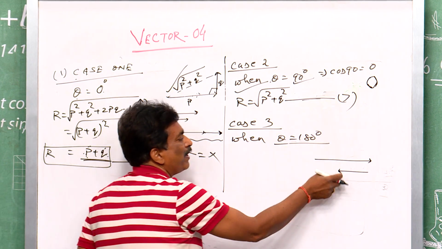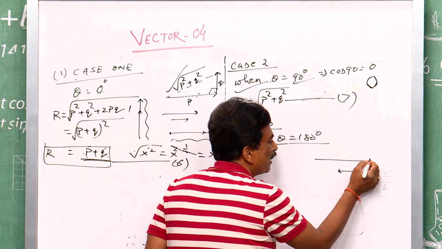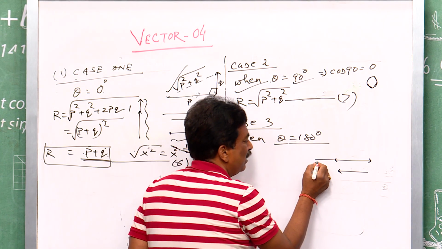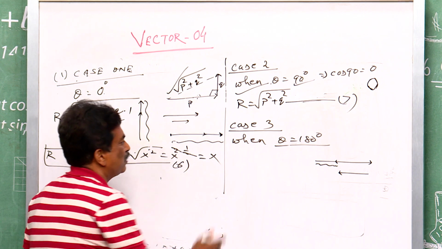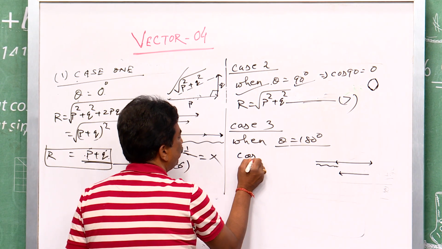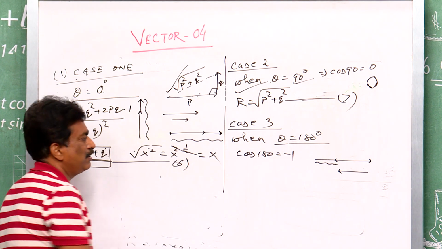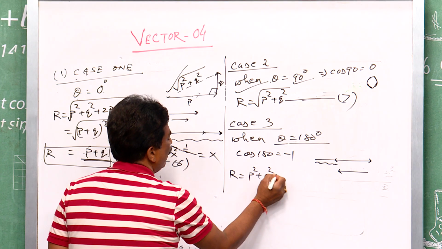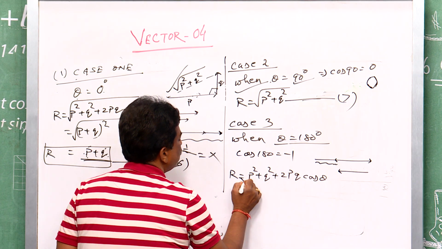So, when these two are added geometrically, this vector is put over this one. So, this vector will be put over this one, it will come up to this side. So, from this to this is the vector addition. So, you see for 180, cos 180 is equal to minus 1, you know. Therefore, r is equal to the square root of p square plus q square plus 2pq cos theta.